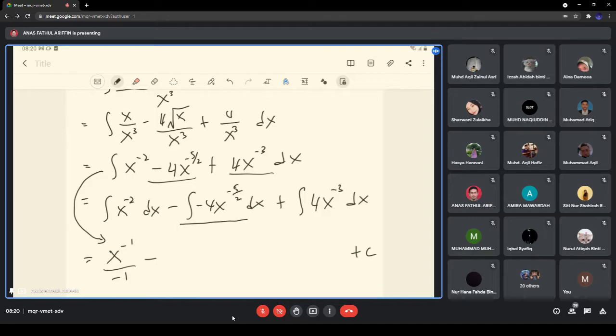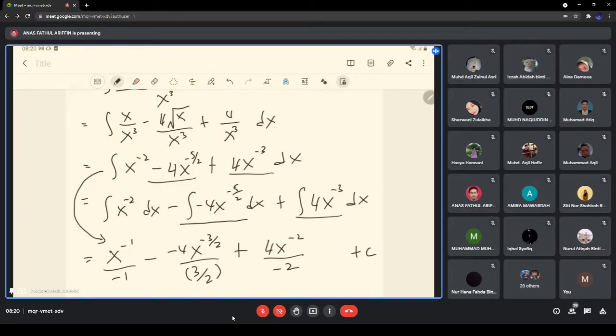Okay, so the power we need to plus 1. So we have x power of negative 3 over 2 and then over 3 over 2. And then plus, we integrate this one, 4x power of negative 3. We have 4x power of negative 2 because plus 1, and then divide with the new power.